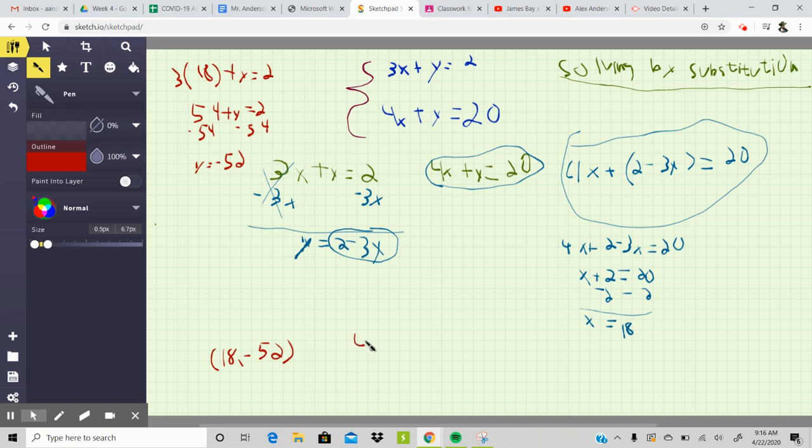So I'll go 4 times 18 plus y, I'm going to put in plus negative 52. Okay. Hopefully that equals 20. So 4 times 18 is 72.